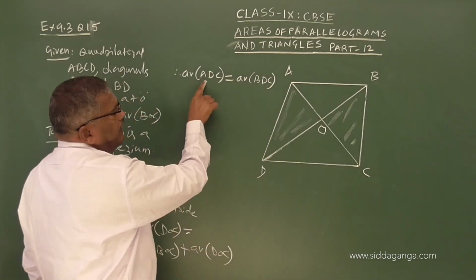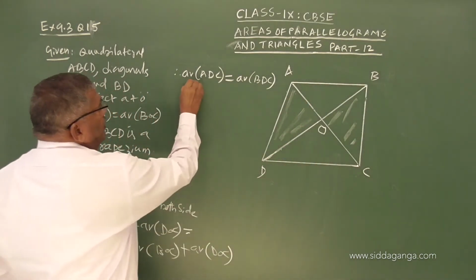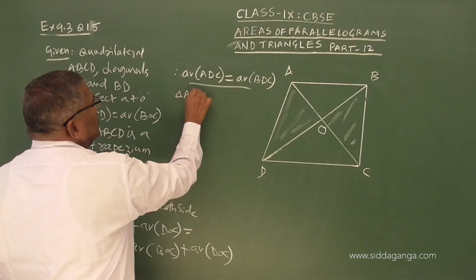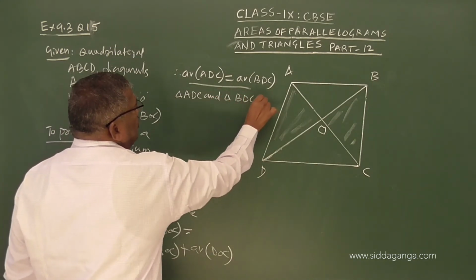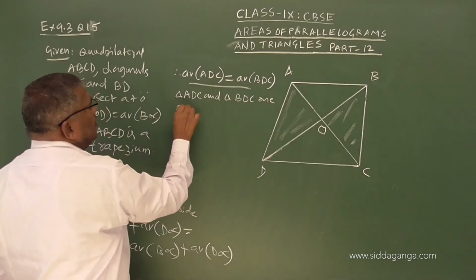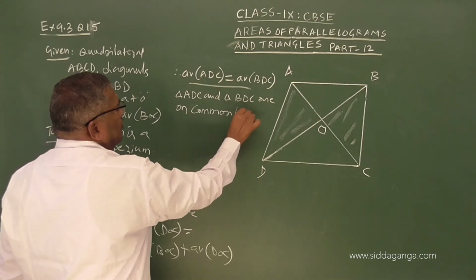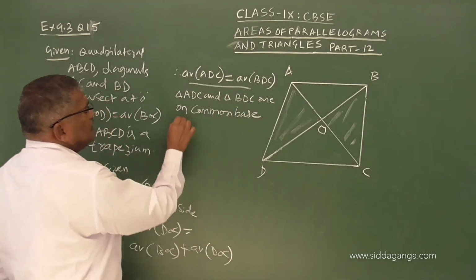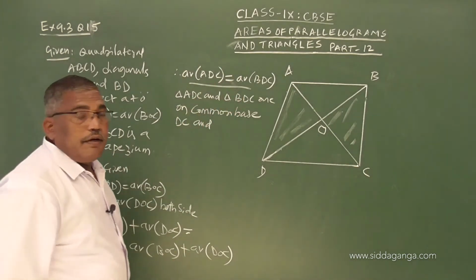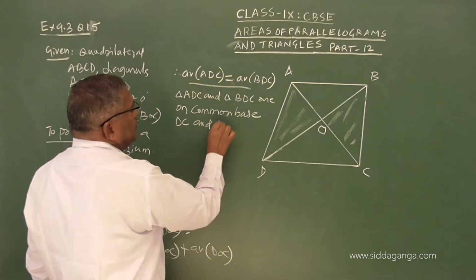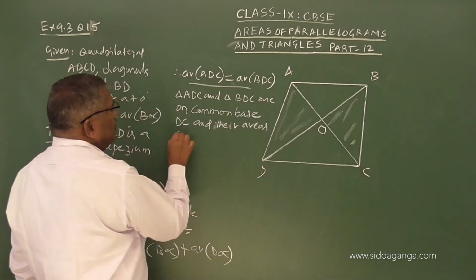Now these two triangles ADC and BDC are on common base DC, and their areas are equal.